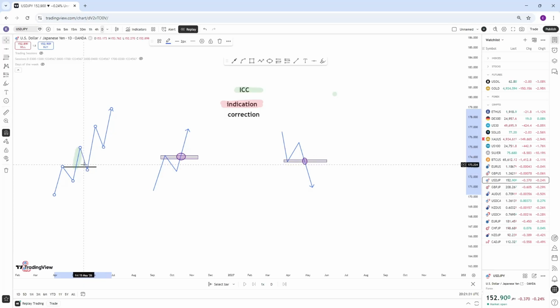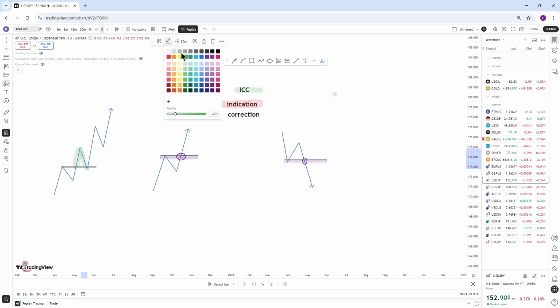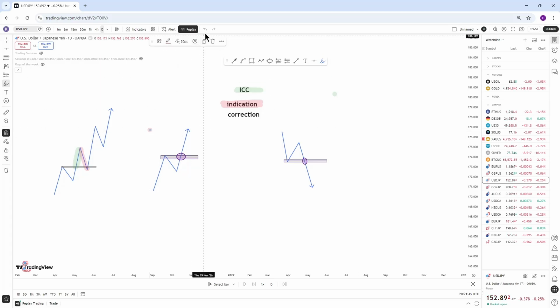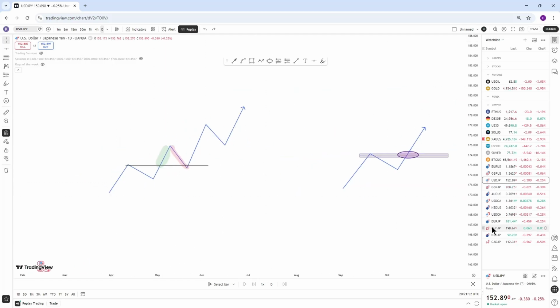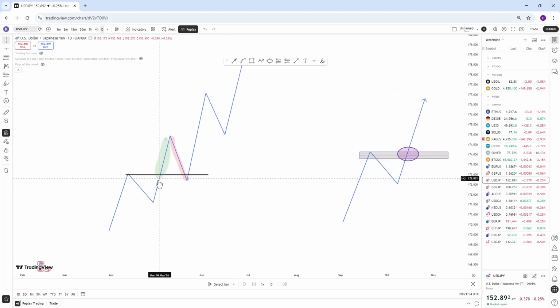So this move back down here, let me mark it in a different color, red. You see this move here, we had our indication, the market closing above this previous high.